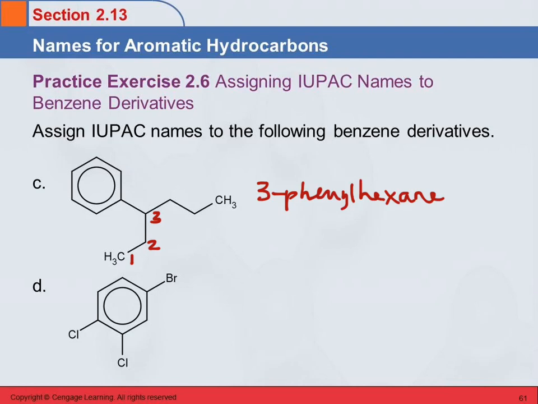Because bromine comes first in the alphabet, we're going to give bromine the number 1. And then if we number counterclockwise, 1, 2, 3, we get 4 and 5. And if we go clockwise, we get 3 and 4. So this will be 1-bromo-3,4-dichlorobenzene.